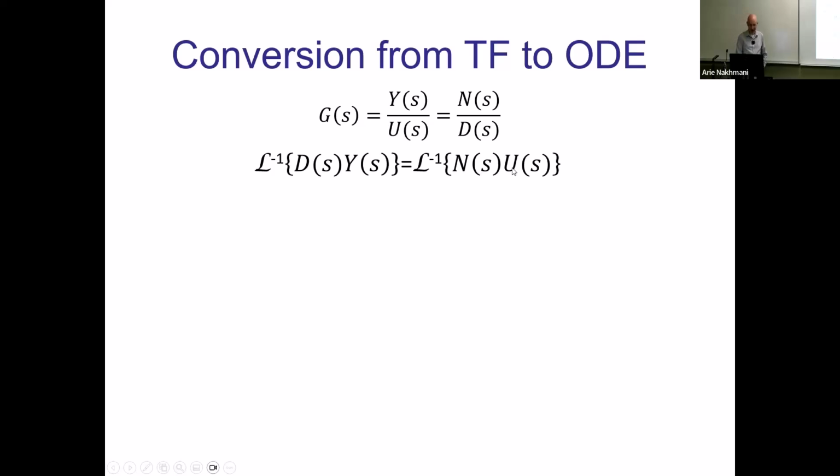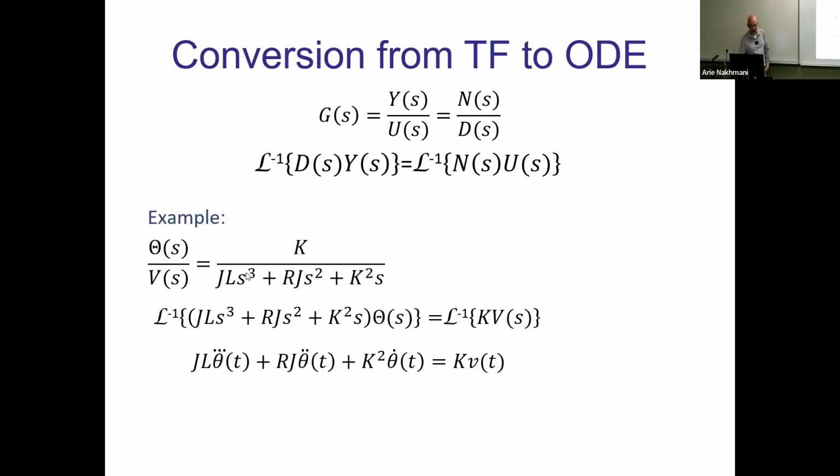So let's try that. I'm multiplying this one by theta and this one by v, so you'll have k v on one side and this one times theta on the other side. Now pay attention that we go the other direction. Multiplication by s is a derivative, so multiplication by s cubed is the third derivative. I'm doing that as an operator on theta.